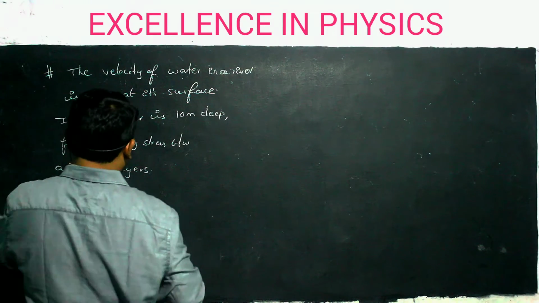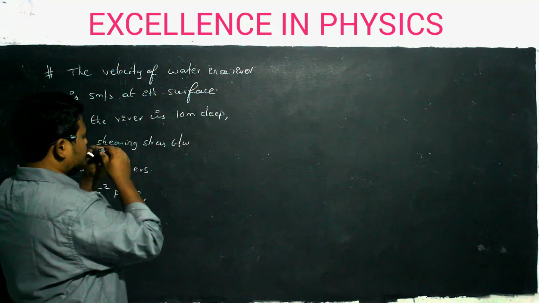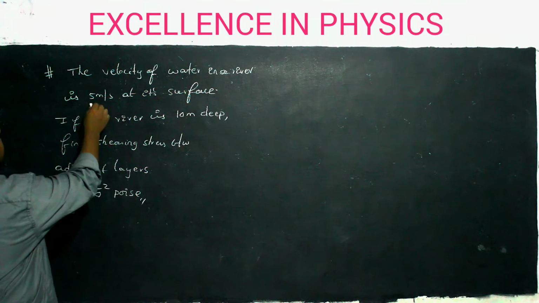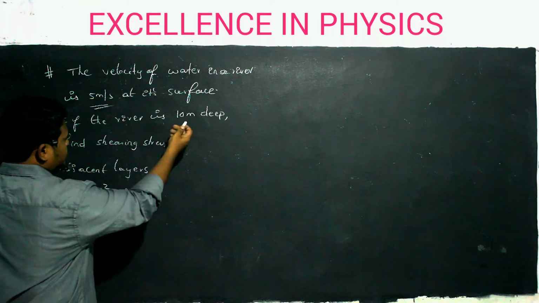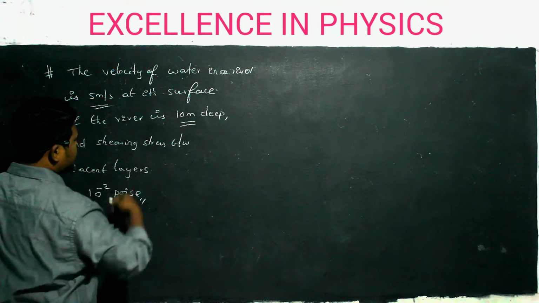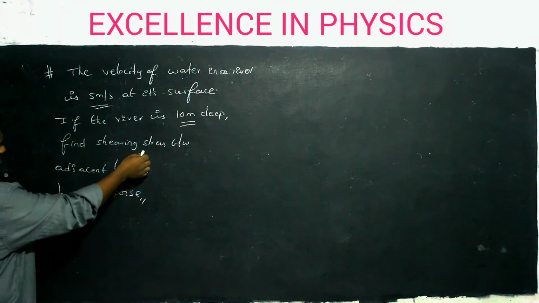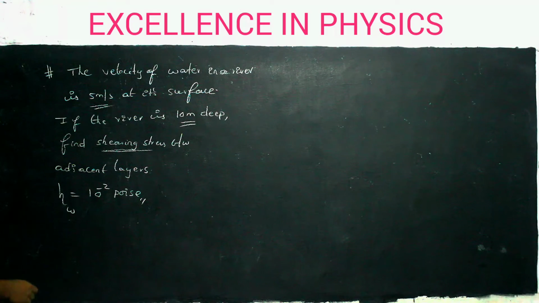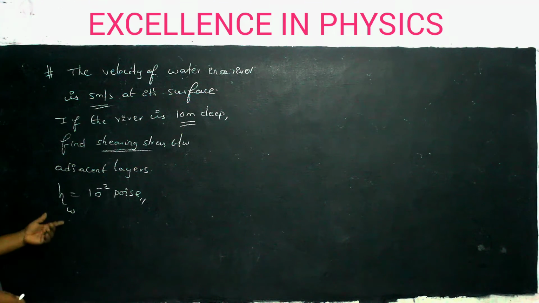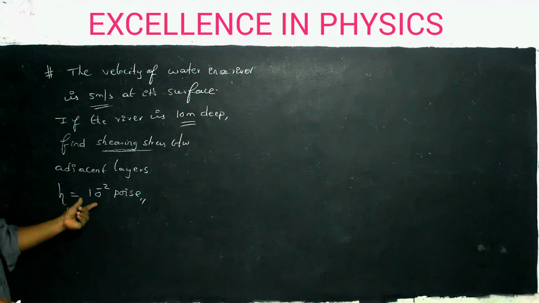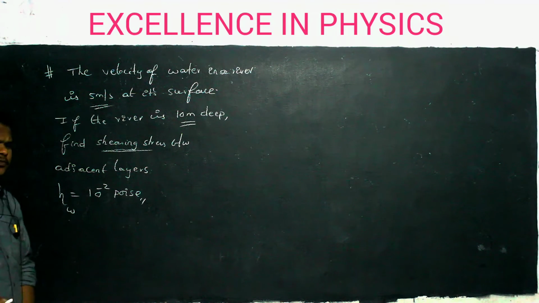So the velocity of water in a river is 5 meters per second at the top surface, and the depth of the river is 10 meters. Then we are supposed to find the shearing stress between adjacent layers of this water, when the coefficient of viscosity of water is 10 power minus 2 poise.